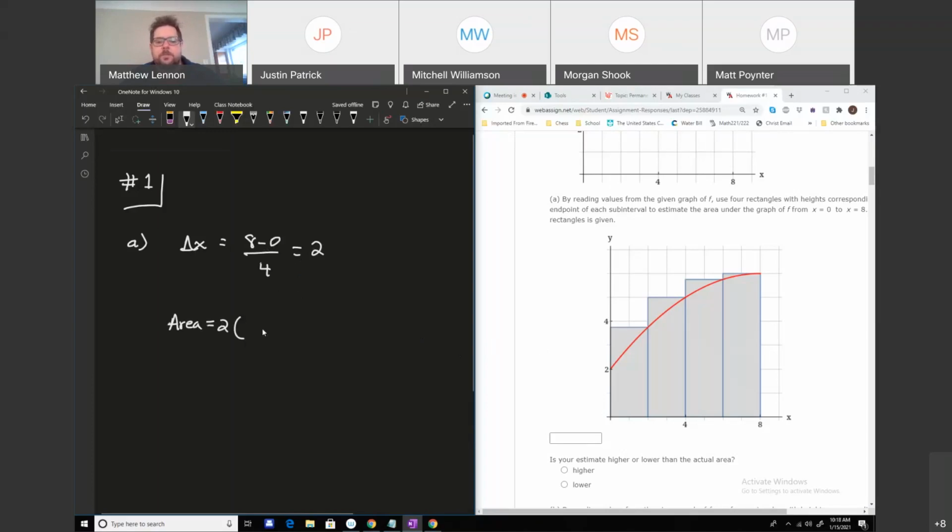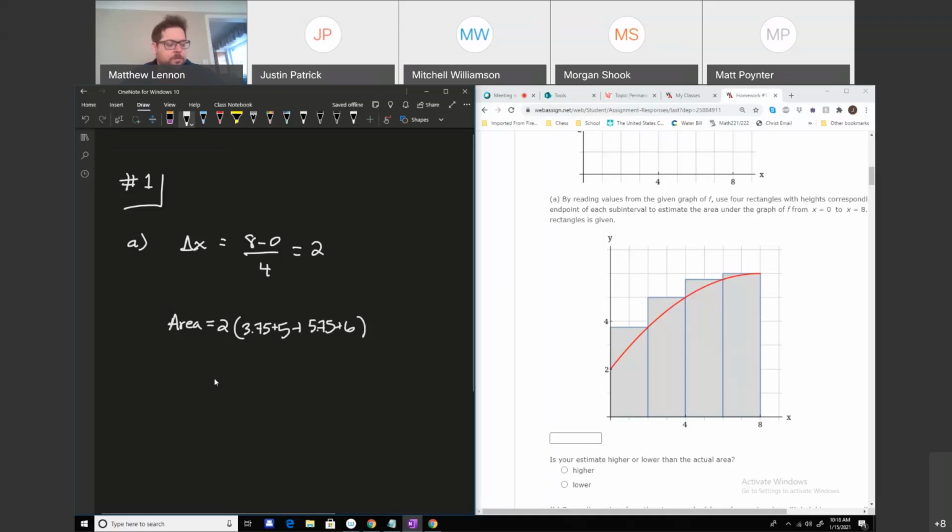And then we want to estimate the heights of each of the four rectangles. So it's not perfect. I don't know. This is 3. We'll call that 3.75. Maybe they want better than that. But the first rectangle, I'm going to say 3.75. And then 5. And then 5.75. And then the last one is at 6.